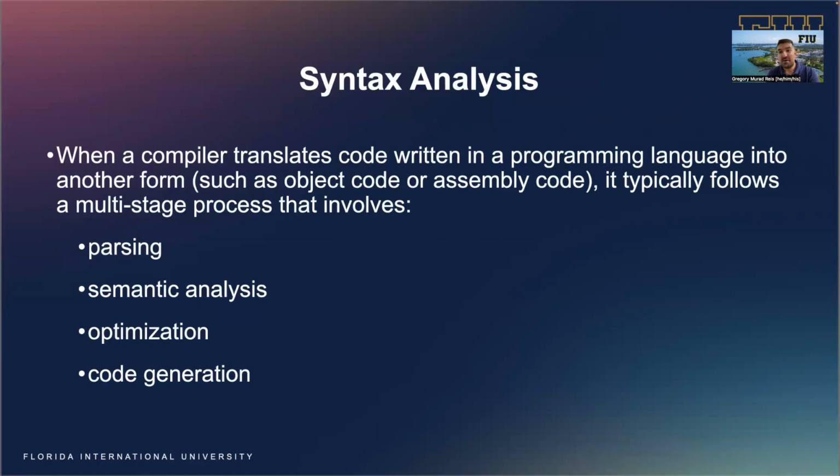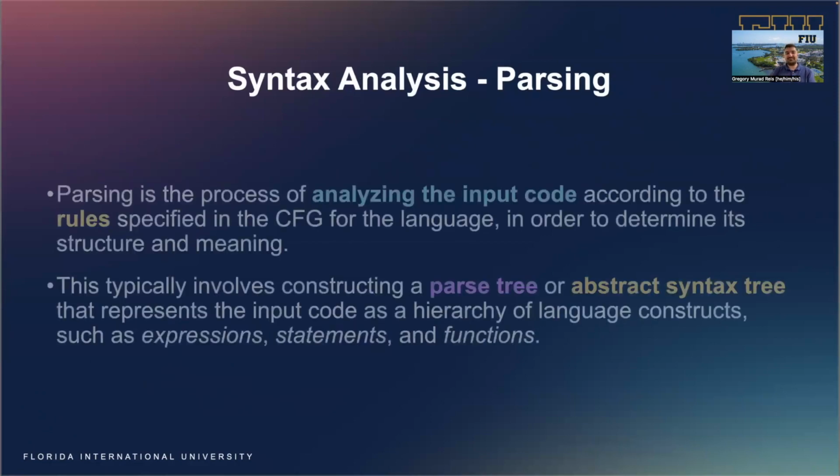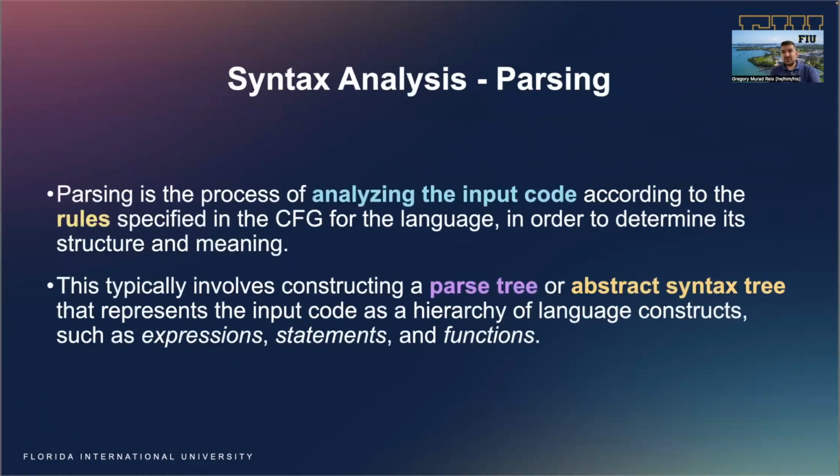We are in the parsing part of that compilation. It's analyzing your input code, lexical analysis, checking if each word is in the language. Next, which we're doing right now, we're checking if you put all those words in the correct order, following the rules of the grammar. If we can regenerate your code from one single source variable into your entire code using the rules, we build this hierarchical structure that is called a parse tree.